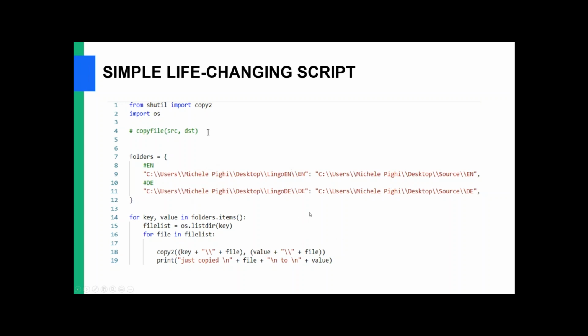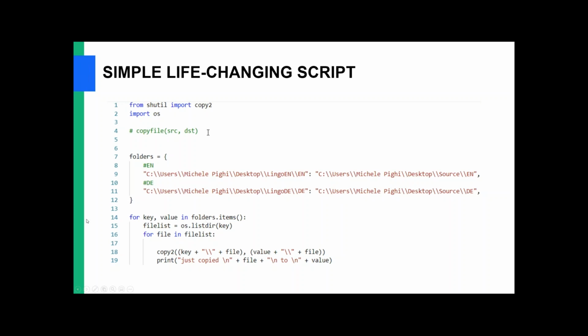This Python script assumes that the translated files and the source project reside in known paths on your PC or local network. Basically, from row 7 to 12, which is this piece of code, we declare pairs of values, the folder to copy to and the folder to copy from, which is for English here, for German here.